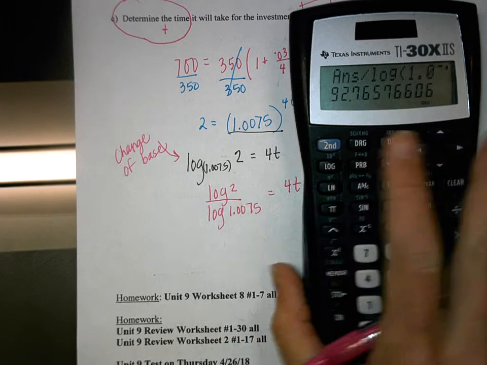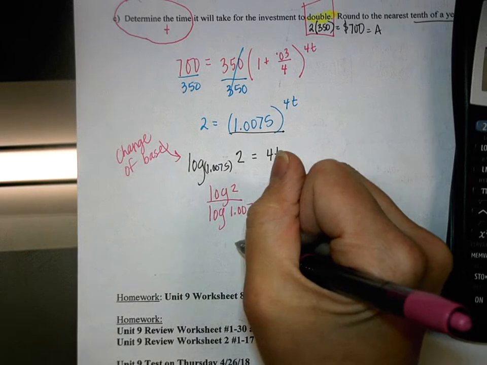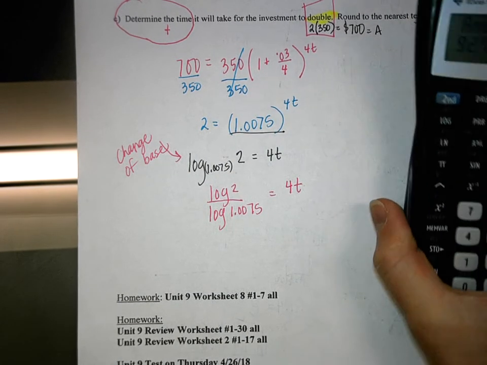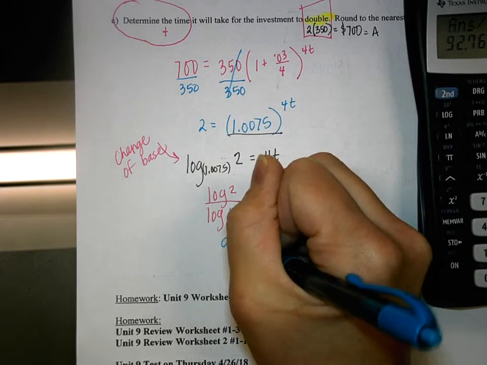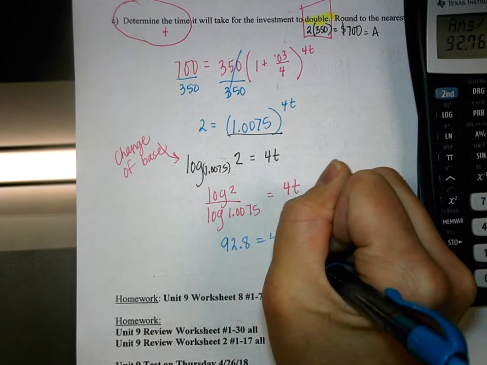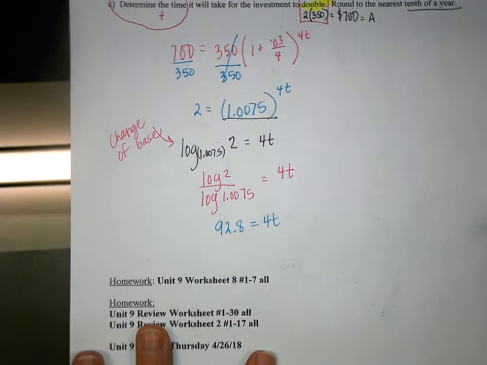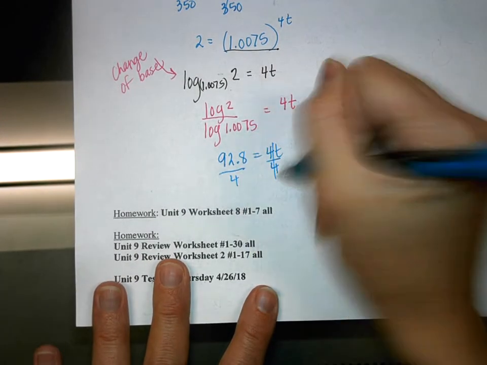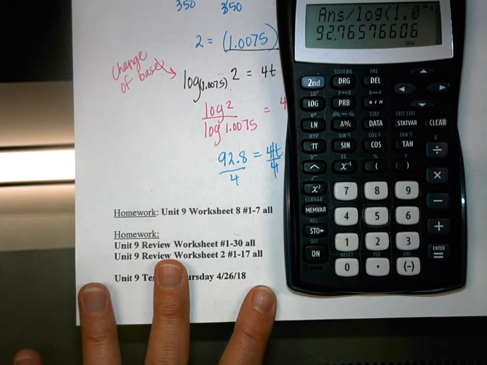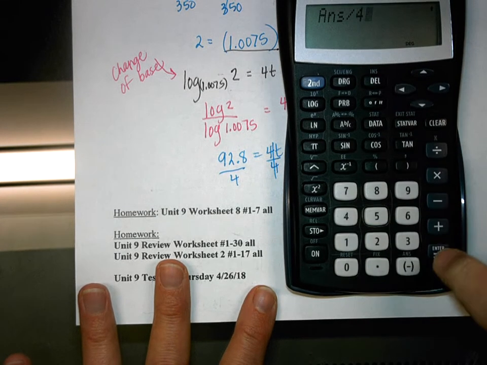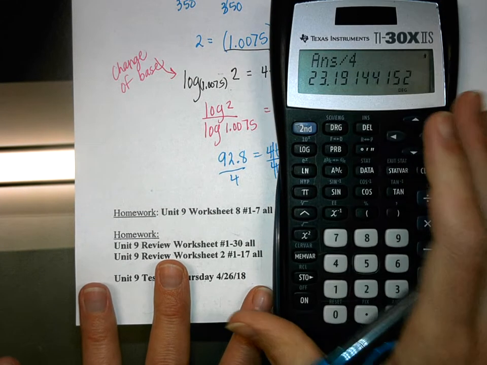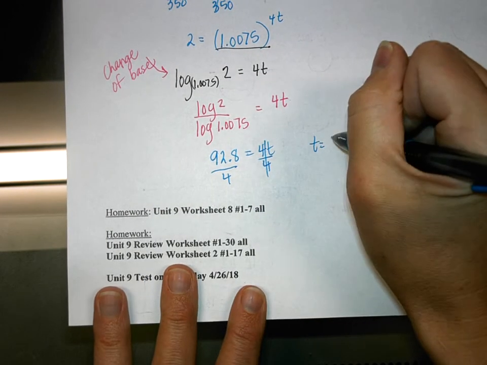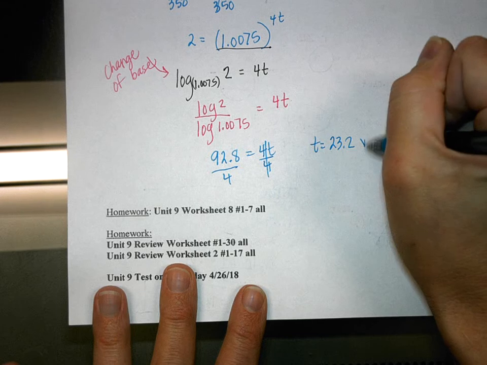If we round it to the nearest tenth, 92.8 equals 4t. And in order to get t by itself, what do I do? Divide by 4. In my calculator, I would leave it like this and press divide by 4 and get 23.2. t equals 23.2, and that is in terms of years.